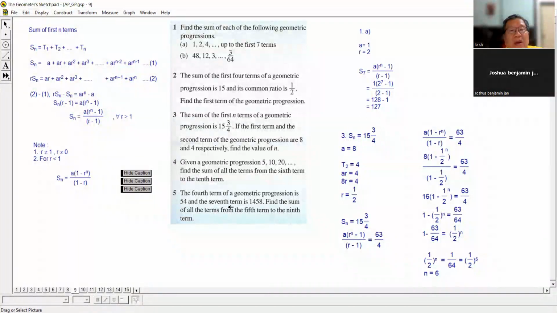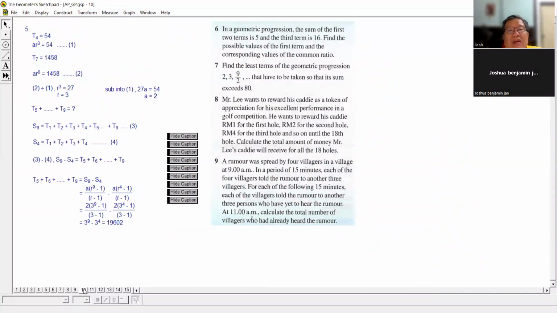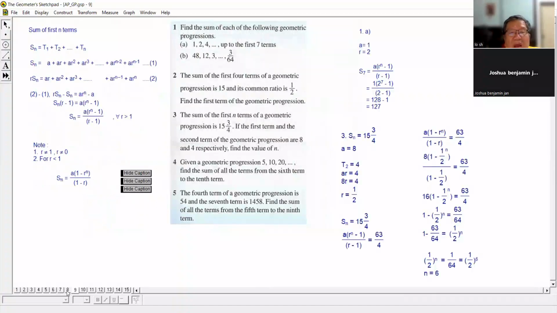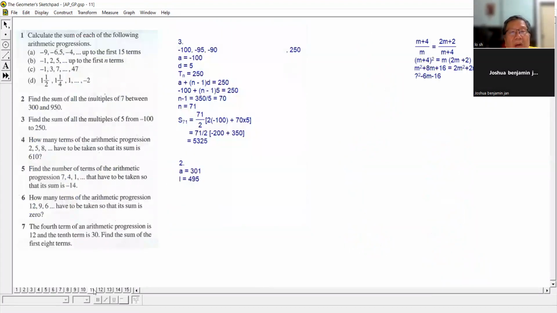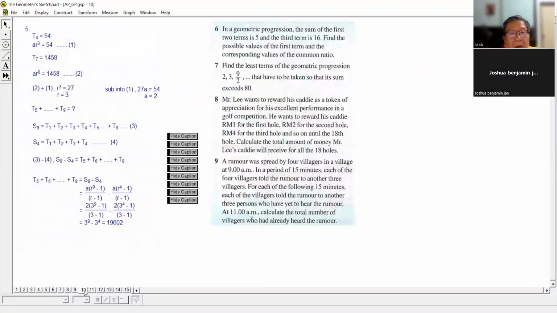Just now that one. Huh? Which one? This one? No, just now you do the number 4 one and number 5. 4 and 5. Just now you delete that one. No, where is the question?